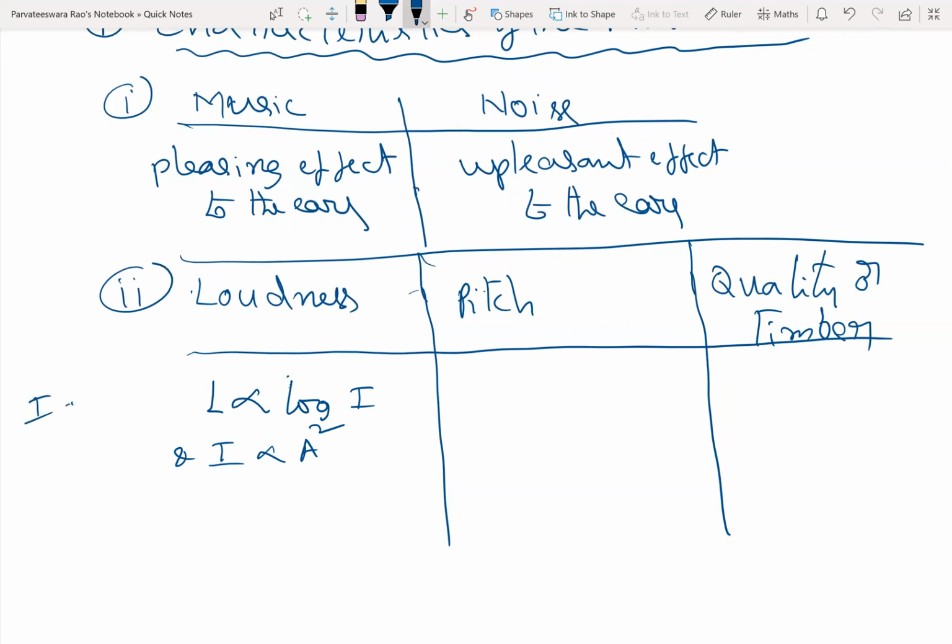I for intensity and A for amplitude. And the units of this loudness are named after Alexander Graham Bell, who invented the telephone. So the units are Bell and decibel.